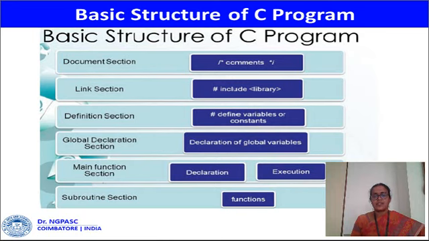Now we are going to see the basic structure of a C program. It has a documentation section, which is optional, and then a link section where we include the library files and header files required for that particular program.